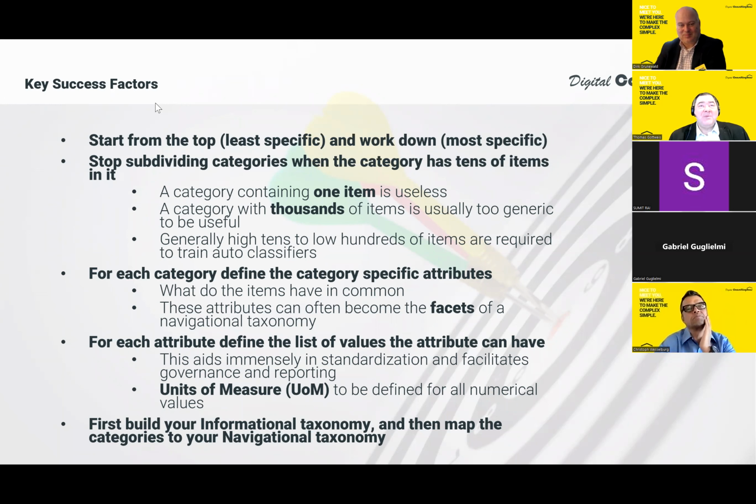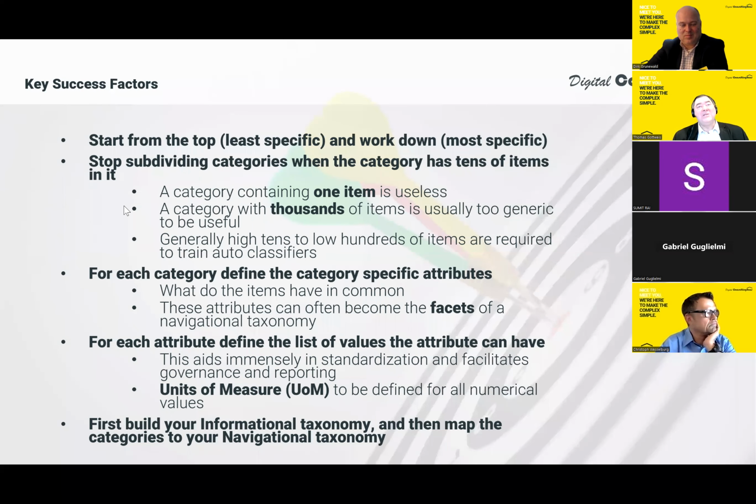And stop subdividing when you have a category that's got perhaps some tens of items in it. So a category that has just one item is useless, right? That doesn't really do anything to simplify the process. You've actually just added some complexity to the system there.